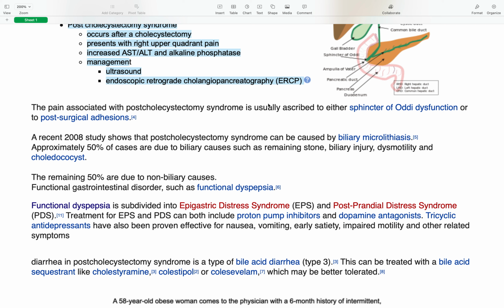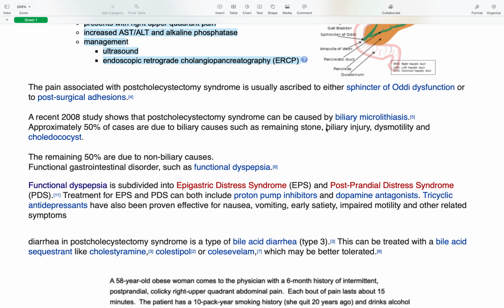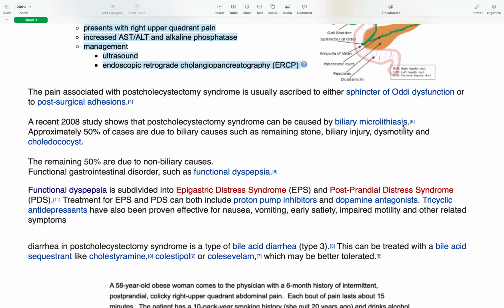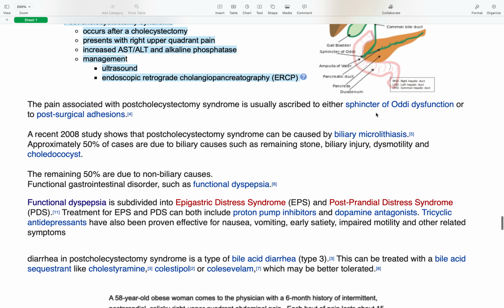So the pain associated with post-cholecystectomy syndrome is usually either due to sphincter of Oddi dysfunction or post-surgical adhesions. Okay, as I said earlier, some stones or biliary microlithiasis might remain in the common bile duct that can result in pain.